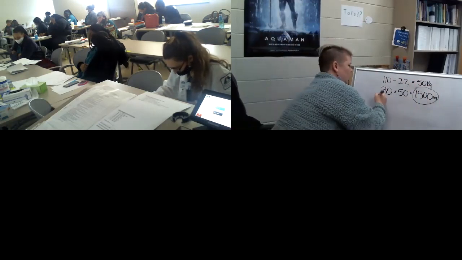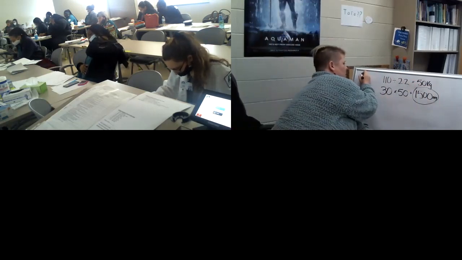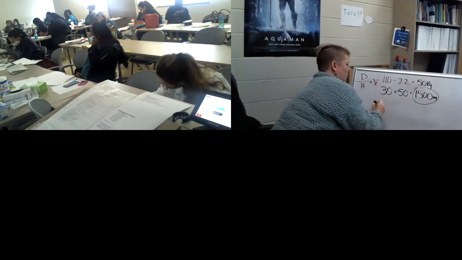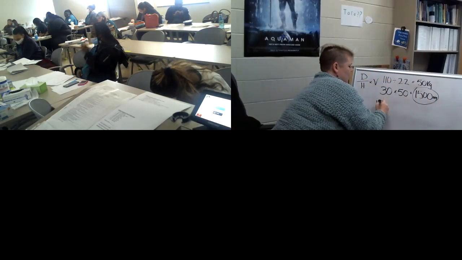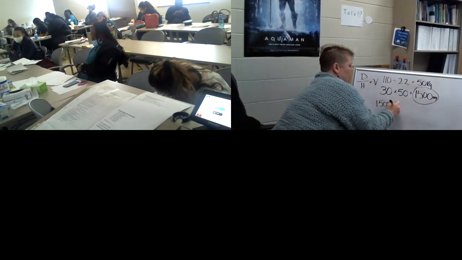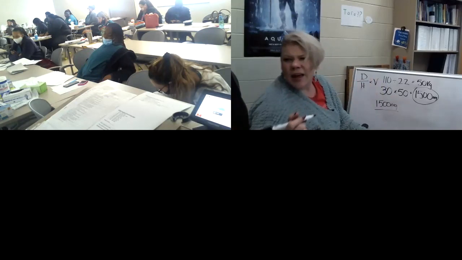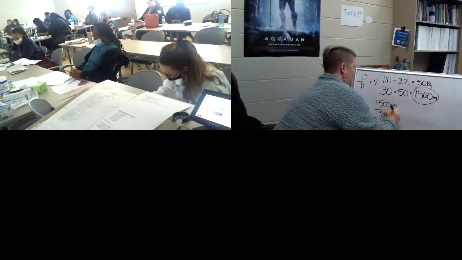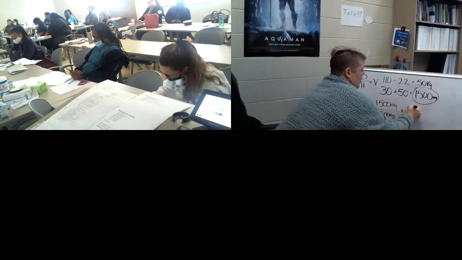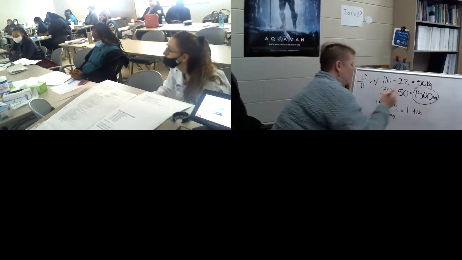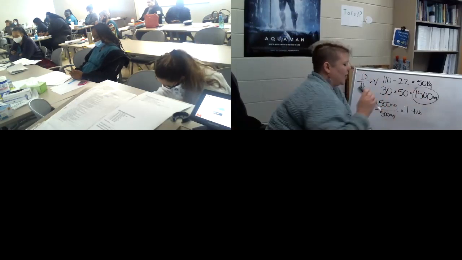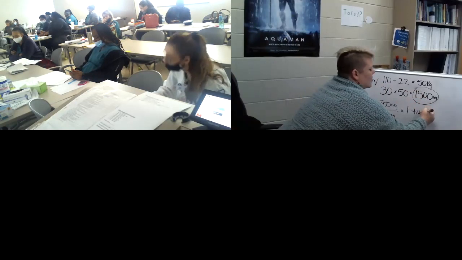Then do your dose over hand and your volume. So your dose is 1,500 milligrams, and you have 500 milligram tablets. So 1,500 divided by 500 times 1 is 3. So the answer is 3 tabs.